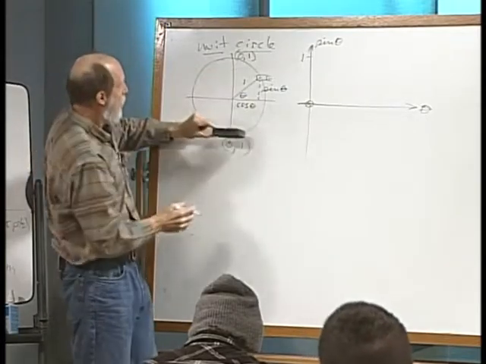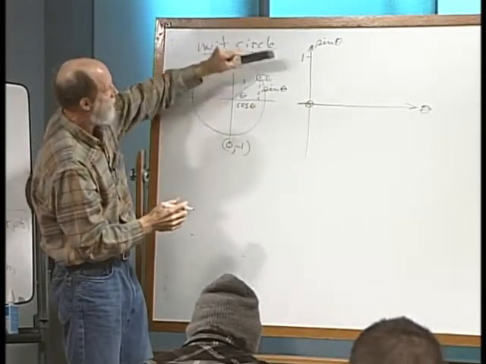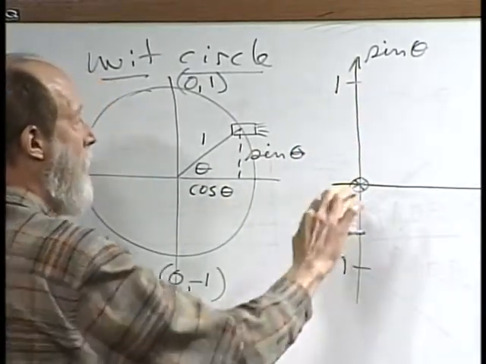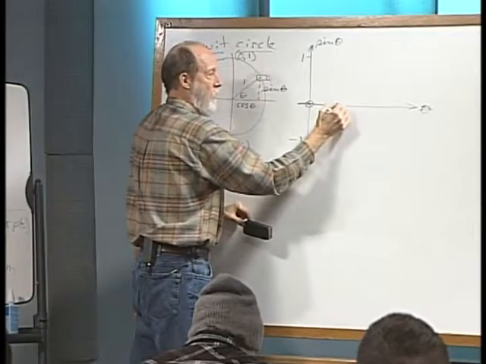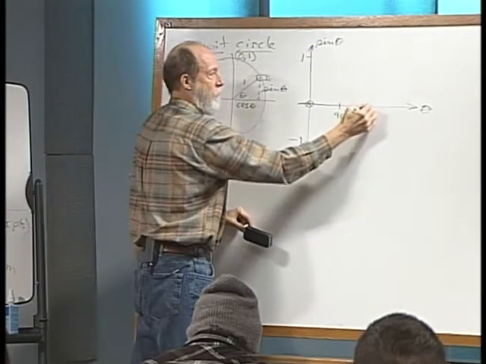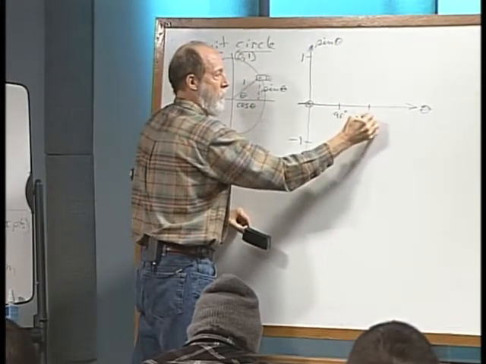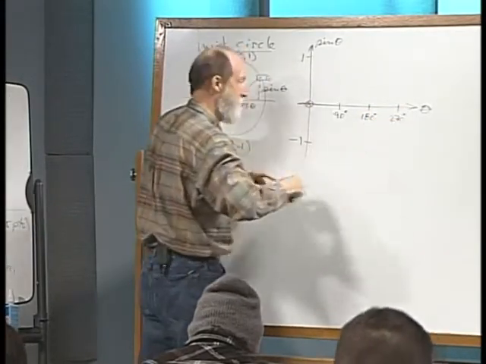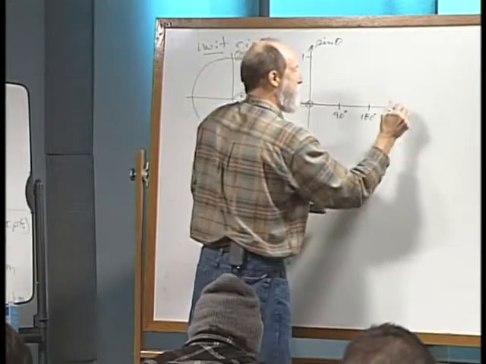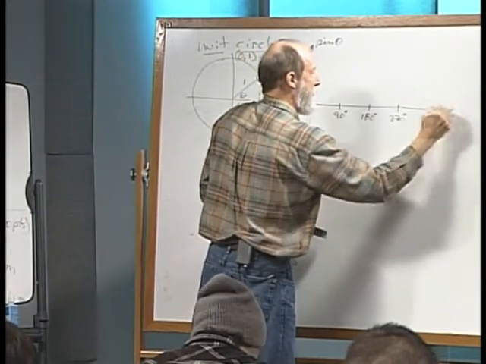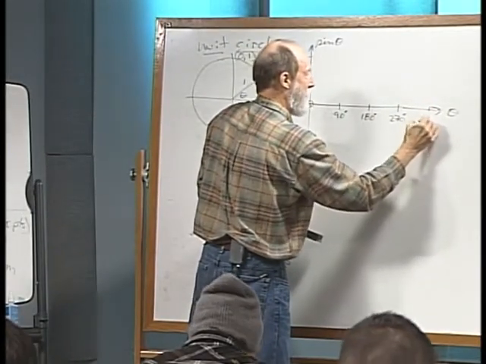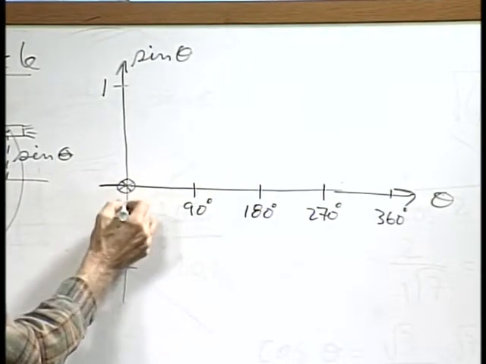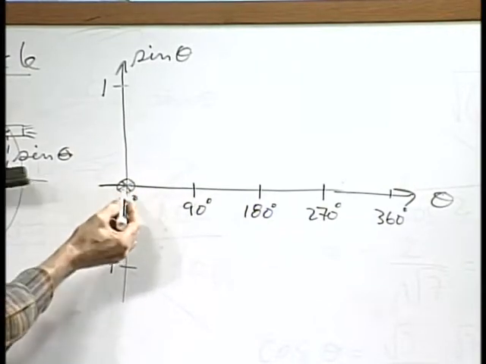So translating what happens with the height of that shadow varying between 1 and -1 onto a graph, what's important for us is to note these key locations for the different angles. At 0 degrees, the sine reading is 0.